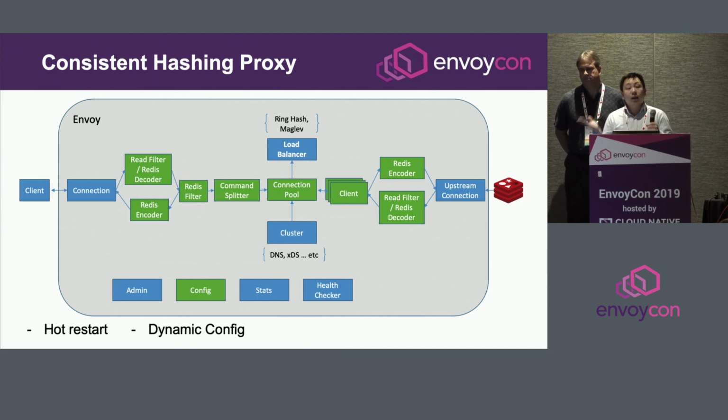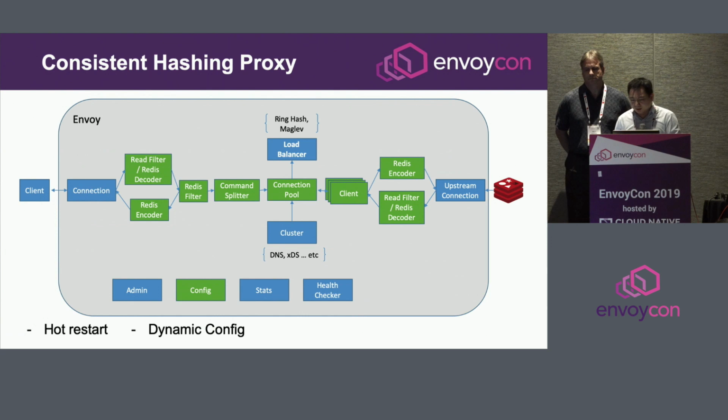So we need to split them to create different requests that we can then route to the correct Redis nodes. And then once we get the responses, we need to also use this command splitter to aggregate them and return to the client.